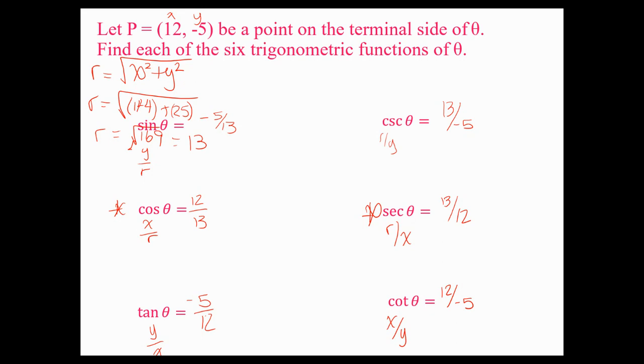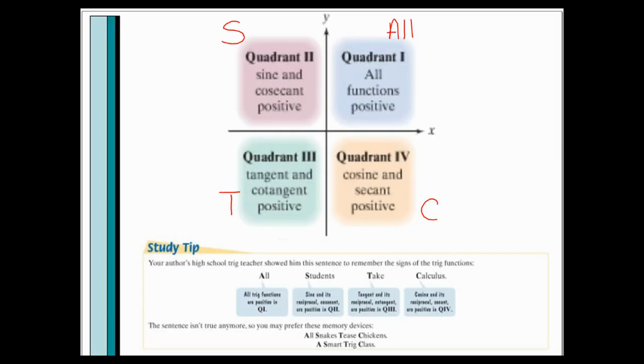So this relationship in the past two examples is really important because trig functions can only be positive in certain quadrants of the four-quadrant plane. So we have this little image here. In our first quadrant, all functions are positive, which makes sense because our x is positive and our y is positive. So every function will always be positive.